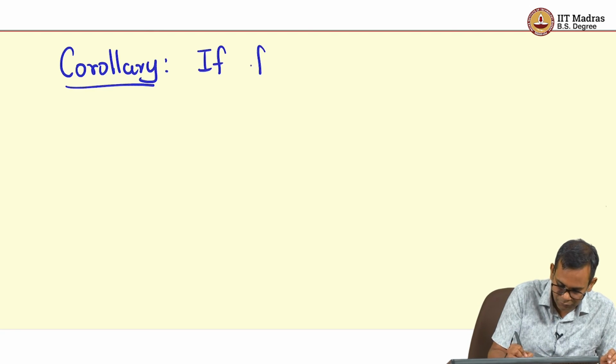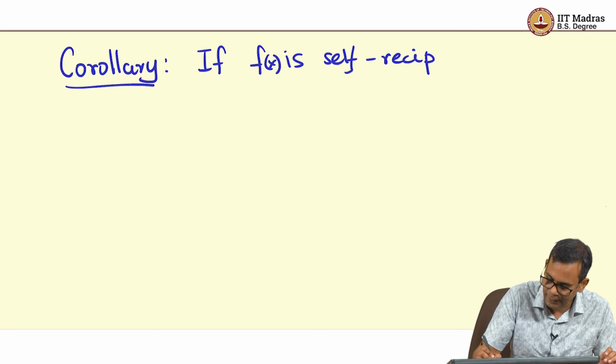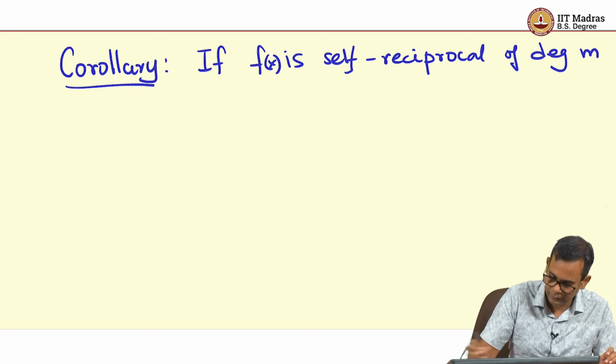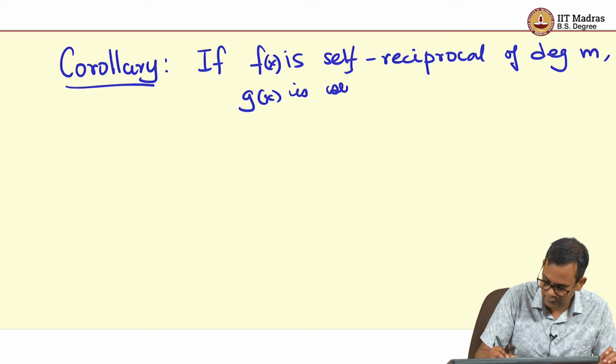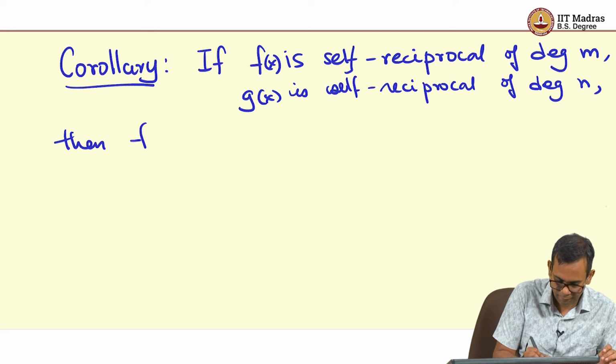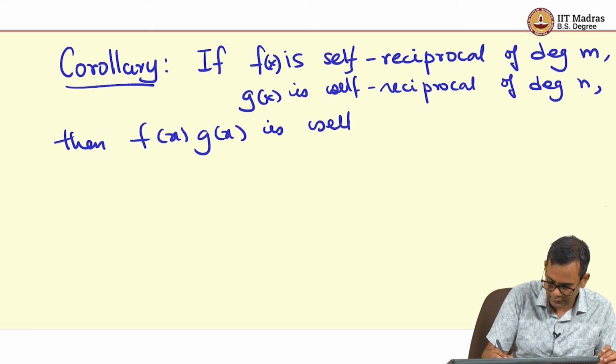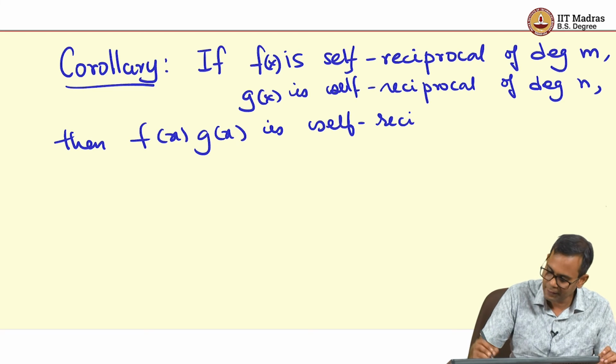If f of x is a self-reciprocal polynomial of degree m, g of x is self-reciprocal of degree n, then f of x times g of x is self-reciprocal of degree m plus n.